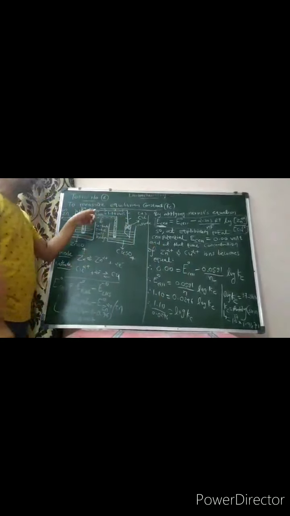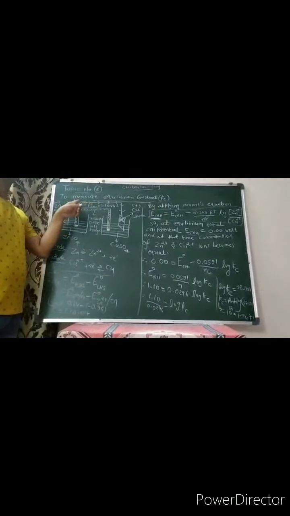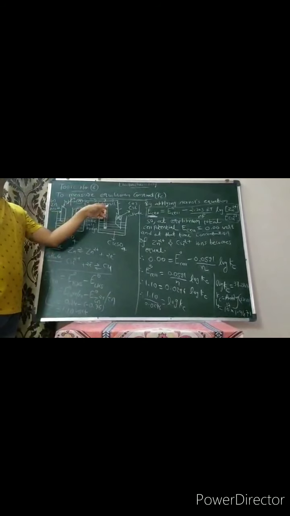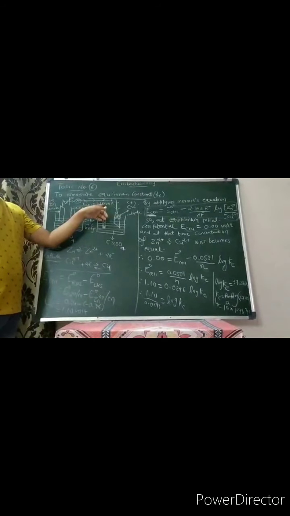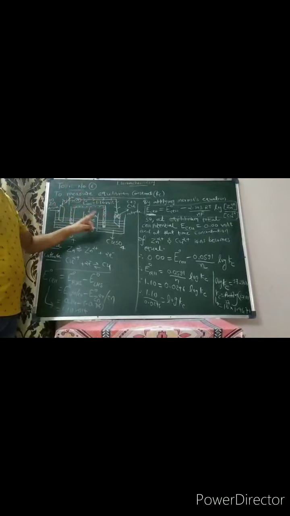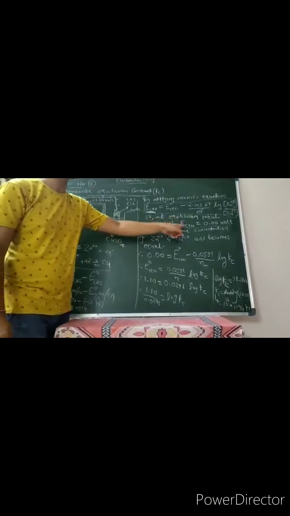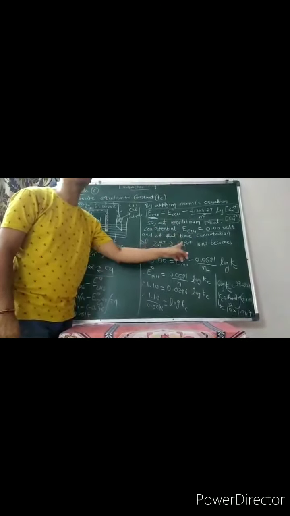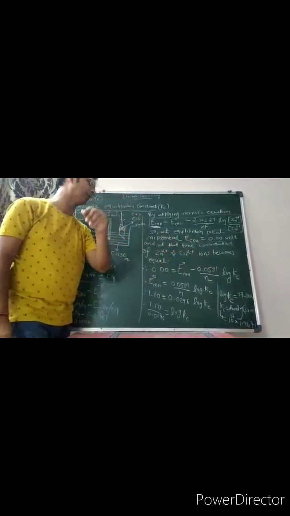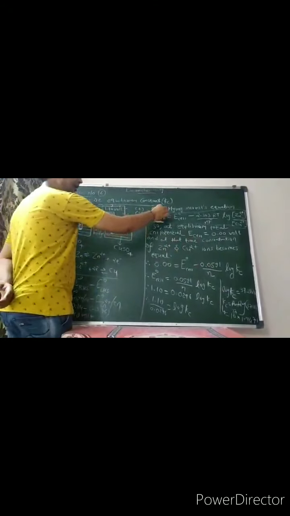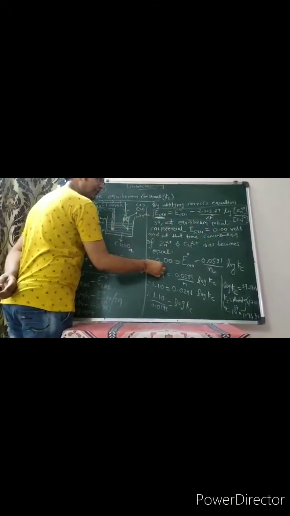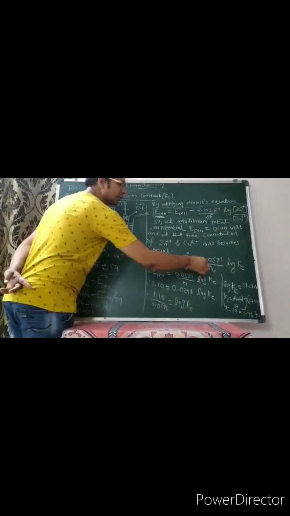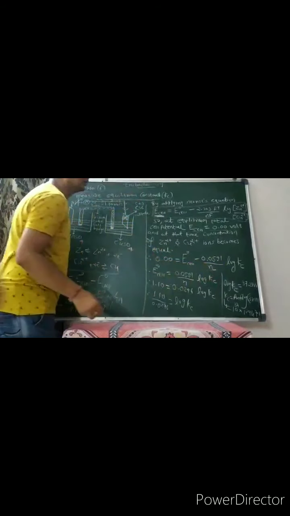Why? Because the applied potential is exactly equal to the standard cell potential of 1.10 volt. At exactly 1.10 volt, equilibrium is established between the two solutions. Due to that reason, the total cell potential becomes 0, and at that time the concentrations of zinc ion and copper ion in the solution become equal. So I take E cell equal to 0, which equals E0 cell minus 0.0591 upon n into log Kc.